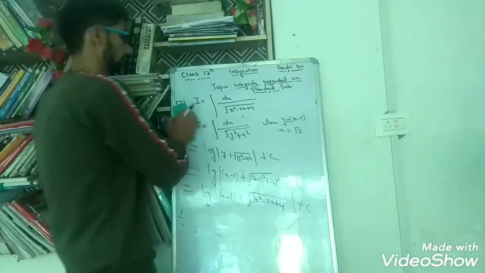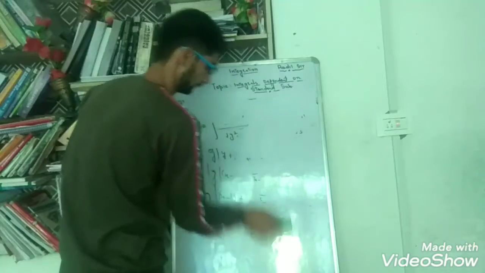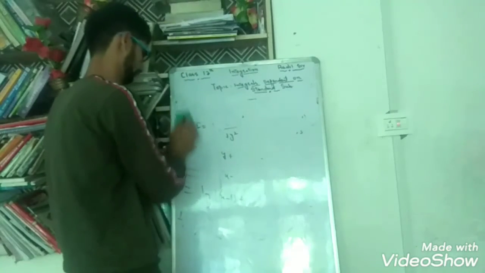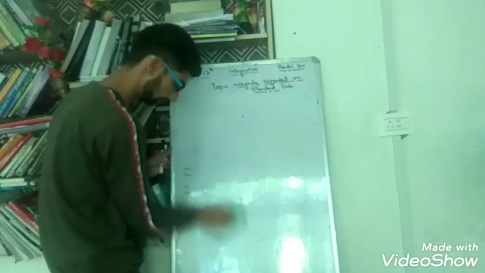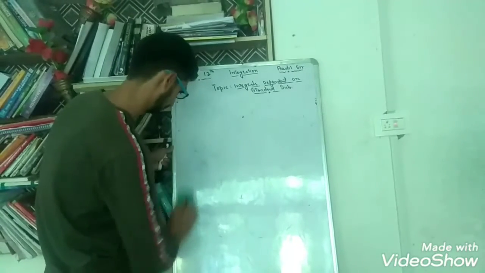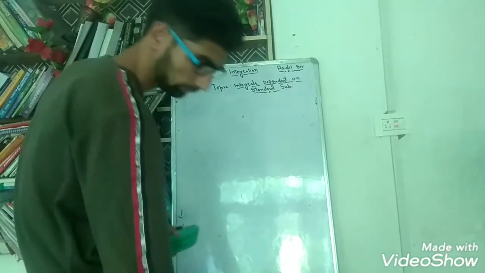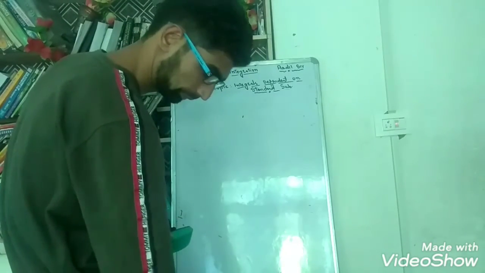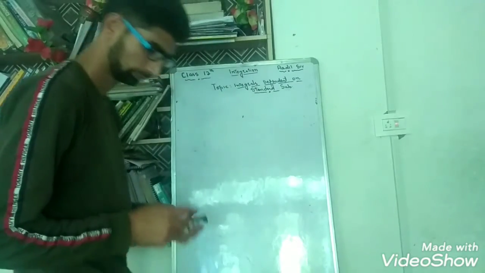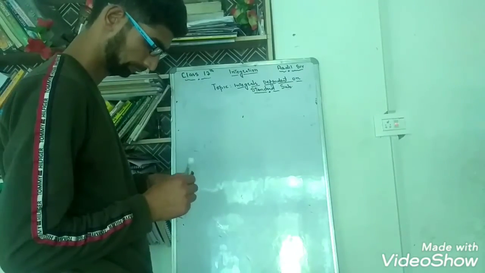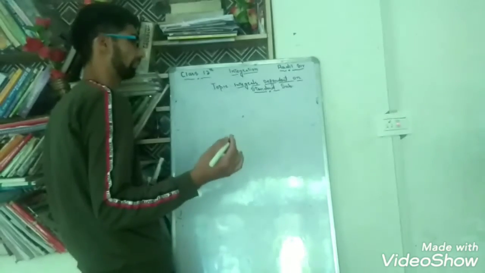Now it was our second type of integral. Now we will go for the third one. Now, if we have an integral of this form, you have to write down the steps by yourself.